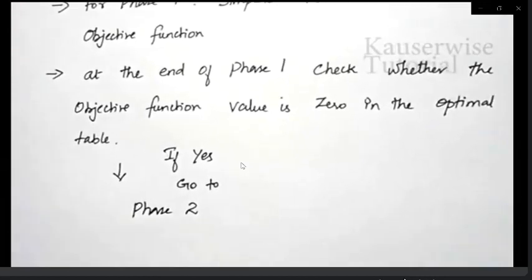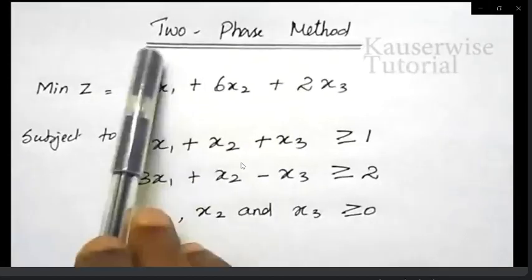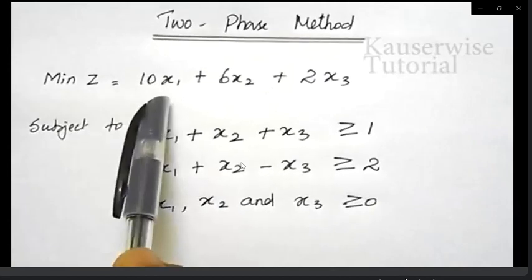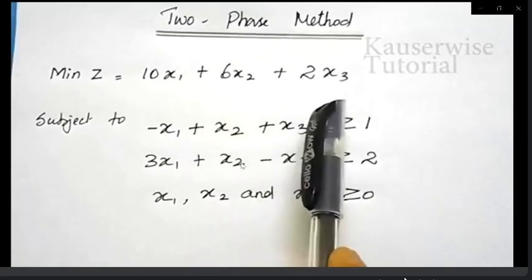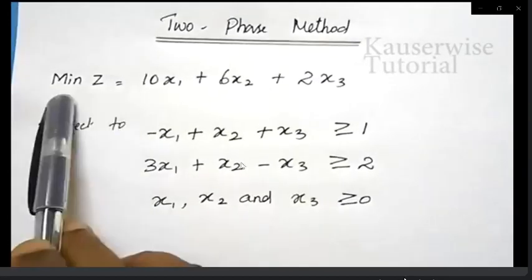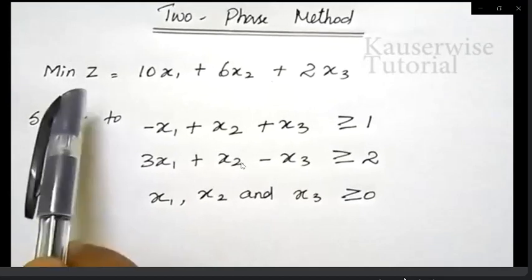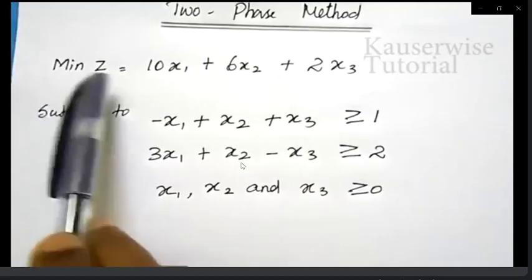Let us see this in detail along with a simple problem. Look at the problem, two-phase method. Minimize z equals 10x1 plus 6x2 plus 2x3. Here we have a minimization problem. If we get a maximization problem, the first step is to convert maximization into minimization by changing the sign.